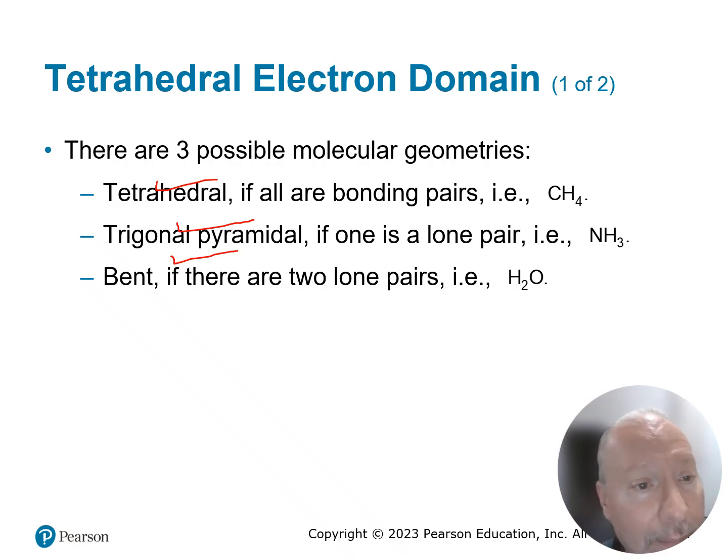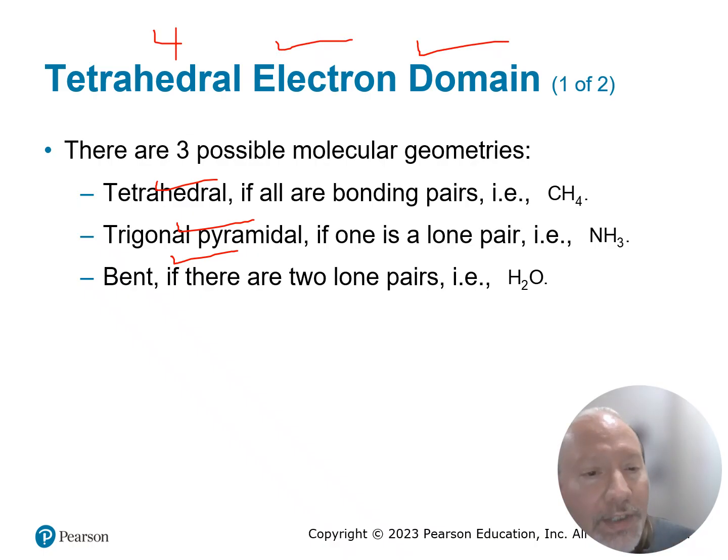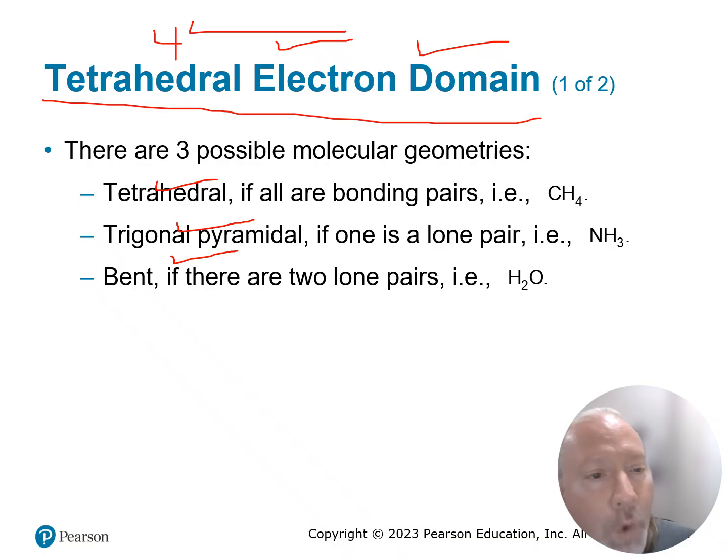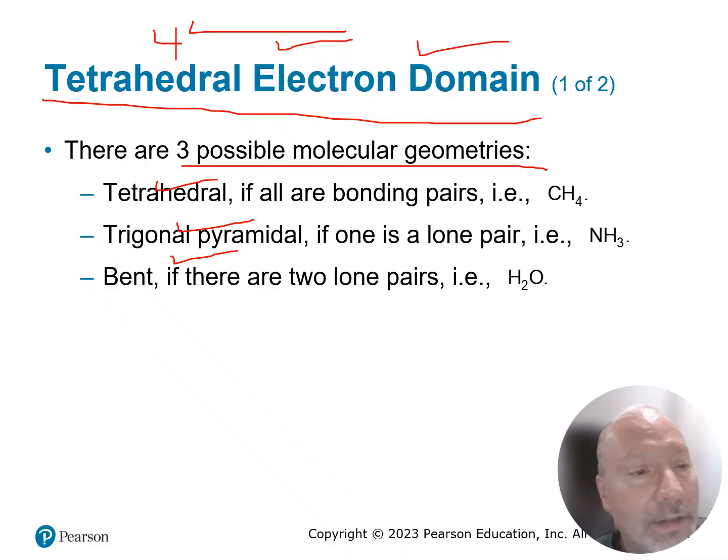Oh, no, I take that back. This is when we have four electron domains. These are all the same electron domain geometry. We're talking about four now, but there are three possible different molecular geometries. So anything that has four electron domains is all going to be tetrahedral with respect to the EDG.